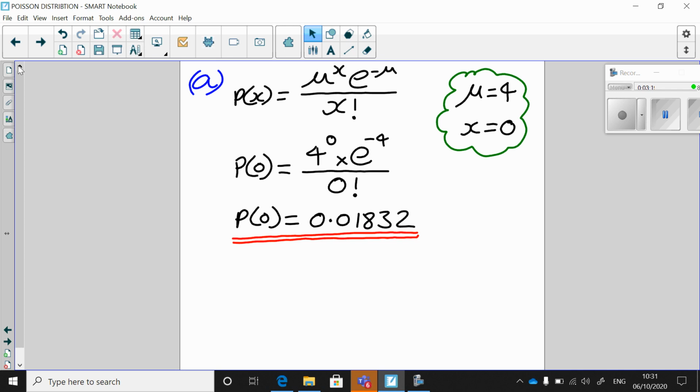So here, I've rounded it up to 0.02, which is 2%. But like I keep saying, you can put down 0.01832 or all the decimal digits in your calculator. It's up to you.